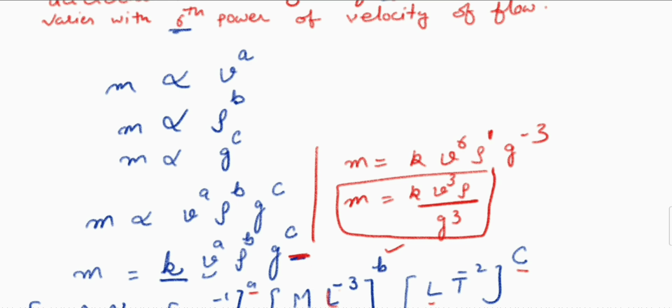From this relation it is clear that the mass is directly proportional to the sixth power of velocity. m is directly proportional to v raised to power 6.